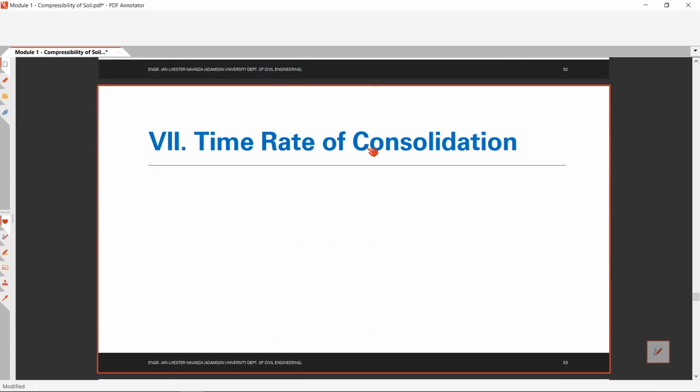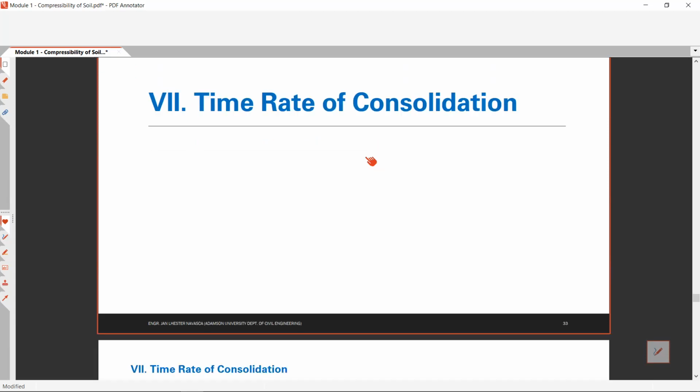Okay, so for the time rate of consolidation, you can determine the time when, for example, 100% or 60% settlement will occur; we can compute what time that will happen. That is the time rate of consolidation.